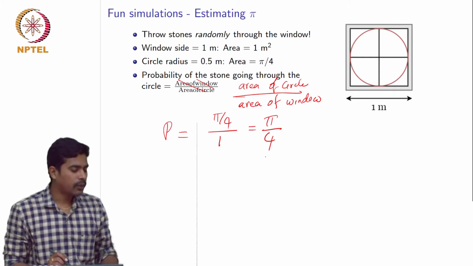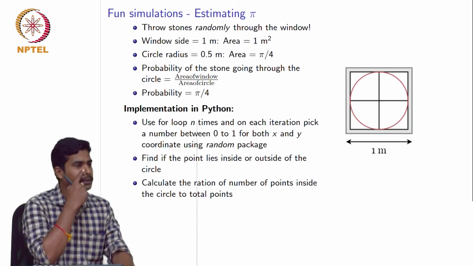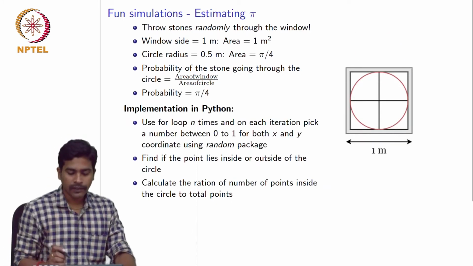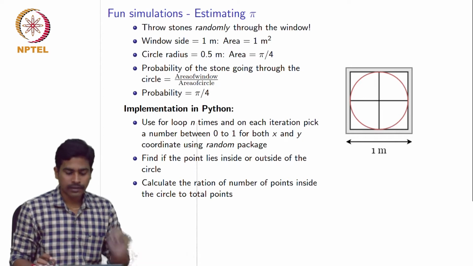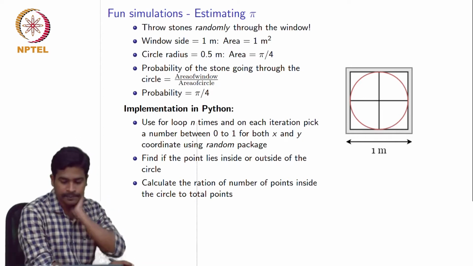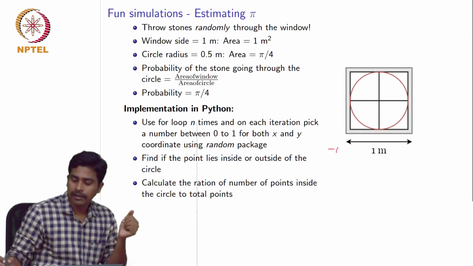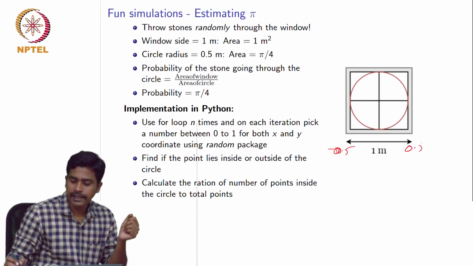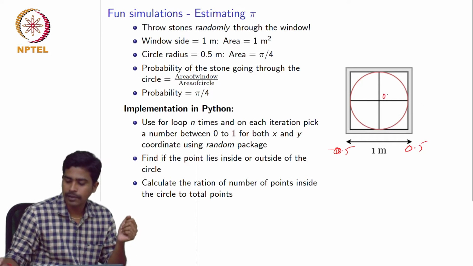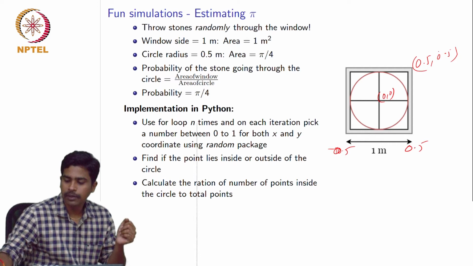Okay, so now we are going to do a random simulation in Python. Here we are picking some random numbers. Let's say this is 0.5 and this is 0.5, this is 0 comma 0, this is 0.5 comma 0.5, and so on.